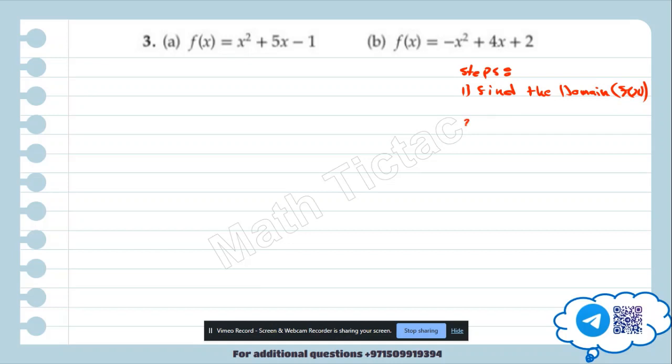What about the second step? The second step is, after finding the domain, you have to find the derivative, which is f prime if your function is f. So this is the second step.